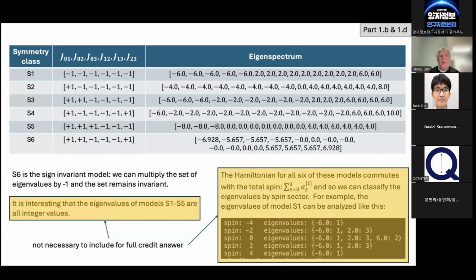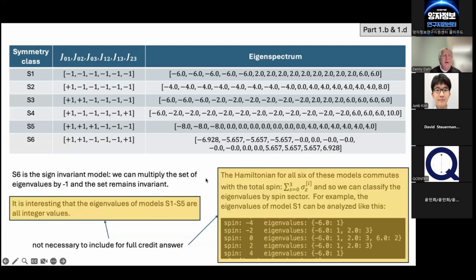One thing that's interesting is that for the symmetry classes S1 through S5, all of their eigenvalues are integer values. It's only S6 that has some non-integer eigenvalues, and S6 is the one that is sign invariant. So if you flip the signs of all the Jij coefficients, that means you're flipping the signs of all these energy eigenvalues. You can see that the minus 6.9 turns into this positive 6.9, and so on and so forth. So this is the only class that is actually sign invariant.